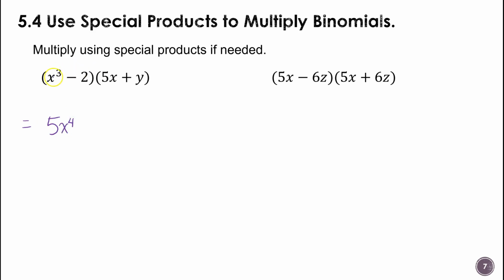And then we also distribute that with the y, so that's going to be plus x cubed y. And then we distribute the negative 2, so that's negative 10x and negative 2y. And you might notice that we don't have any like terms.